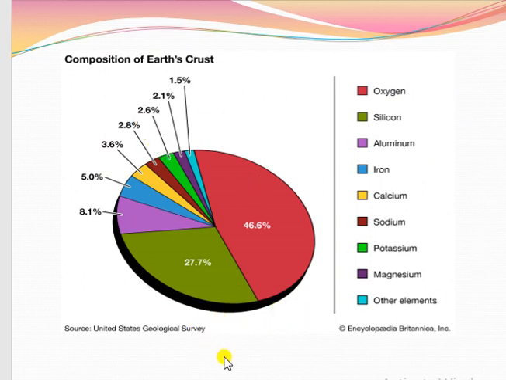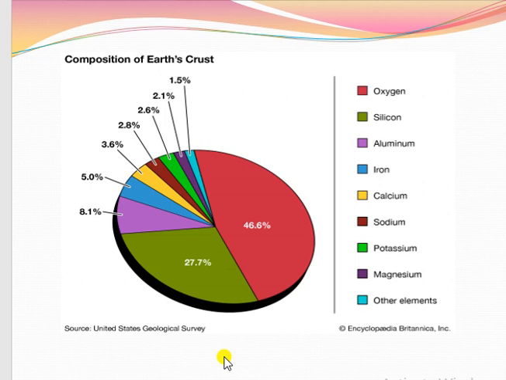I have shown in the last figure the actual composition: silicon, that is 27.72%, and oxygen, which contributes 46.6%, and the others are metals: aluminum comprises 8.1%, then iron 5.0%, then calcium 3.6%, then sodium 2.8%, and potassium 2.6%.